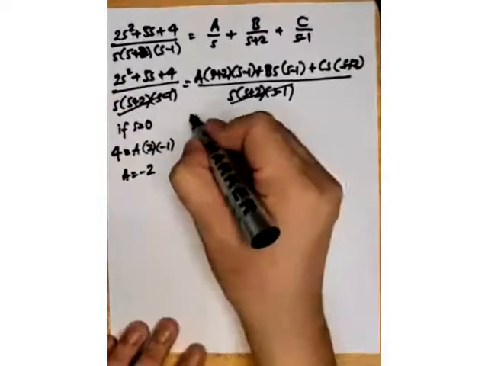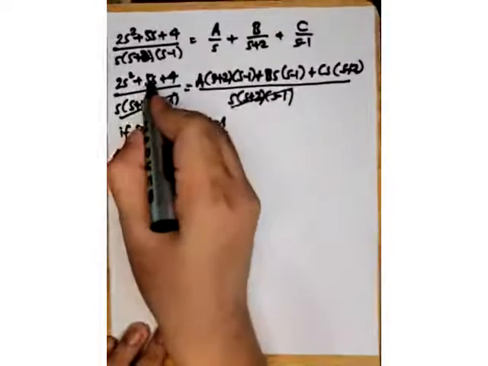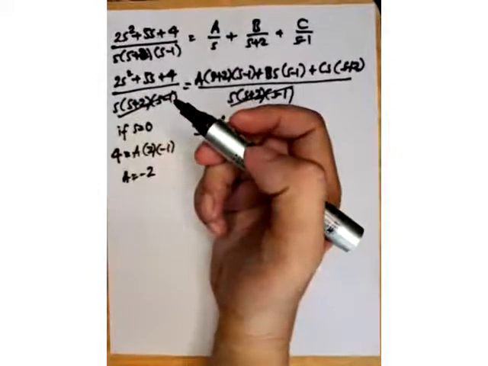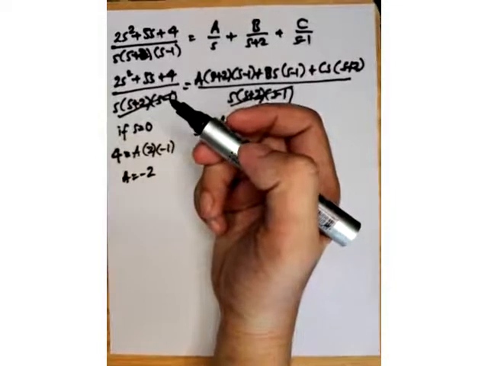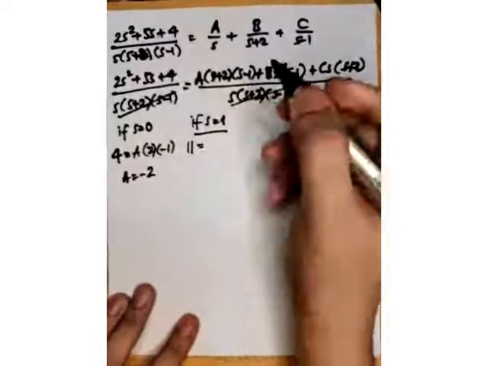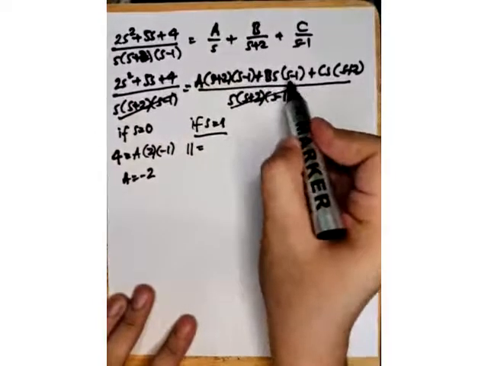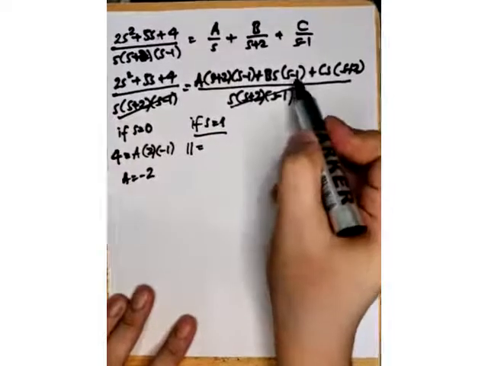Okay, next, if S is equal to 1. So ito ay magiging 2 plus 5 that's 7 plus 4, that's 11.